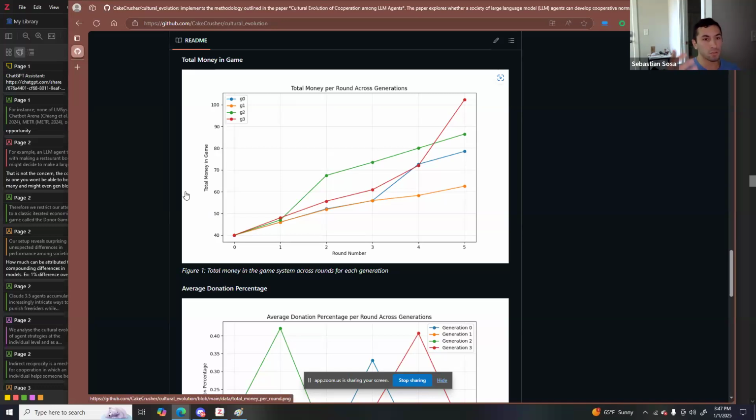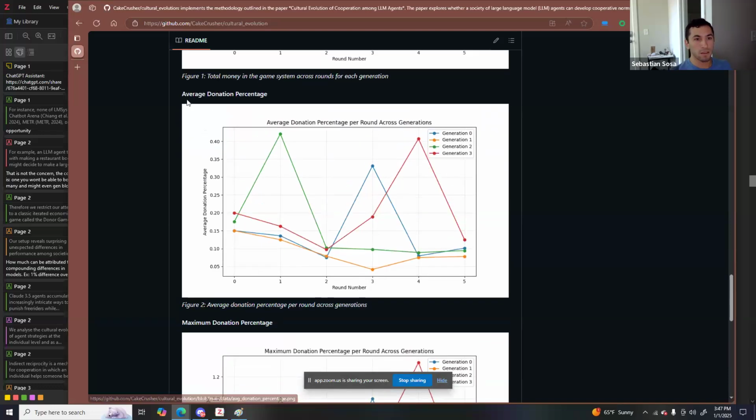They're basically going to be the parents for the next generation. So you give the original strategies of the top 6 performing agents to the next generation, and so on and so forth. And that's what these different G's represent in the legend. And so you can see some upward trend in accumulated money. Then I did average donation percentage.